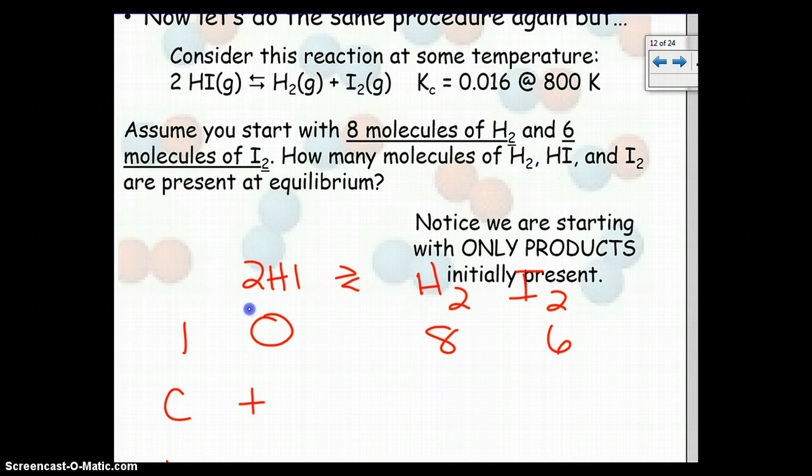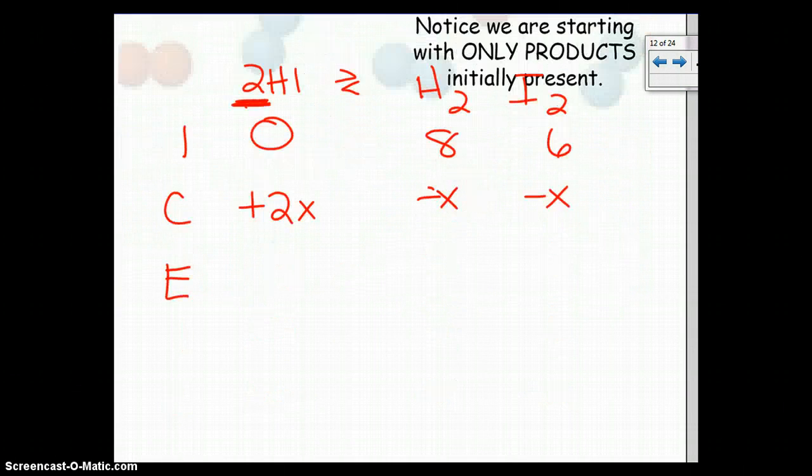Now we're going to have to throw these coefficients back in, so we have 2x. Over here, we're going to lose, so it's going to be minus x and minus x because they don't have coefficients in front like the HI does. So on this side, we'll have 2x, and then we have 8 minus x and 6 minus x.